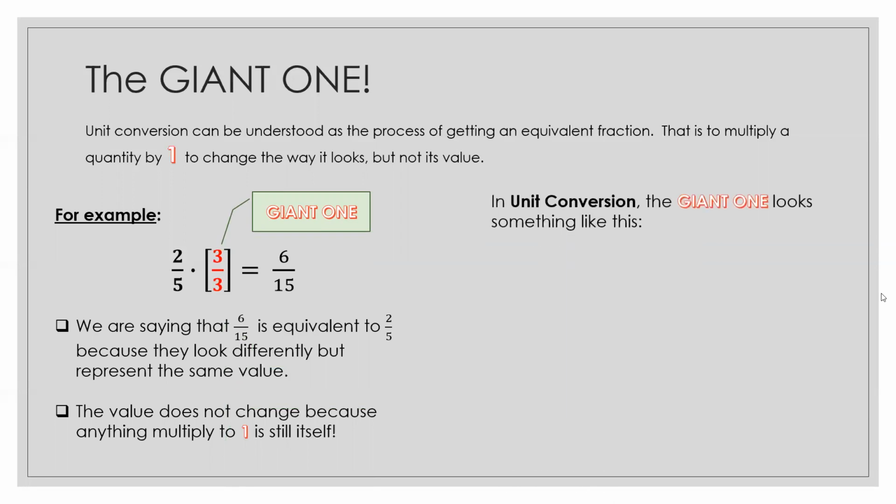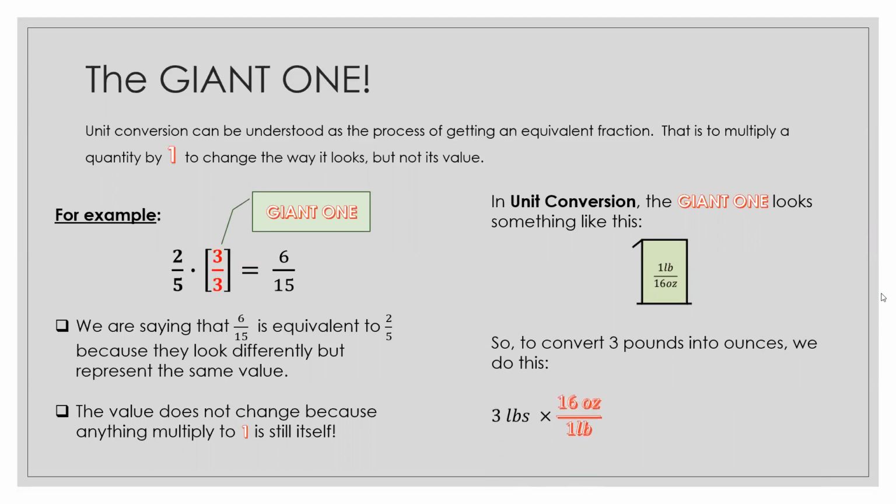Now, in unit conversion, the giant 1 looks something like this, like 1 pound over 16 ounces. Right, so 1 pound is equivalent to 16 ounces. So when you divide the same quantity by itself, it is 1. So when we are converting 3 pounds to ounces, we are multiplying by 1.